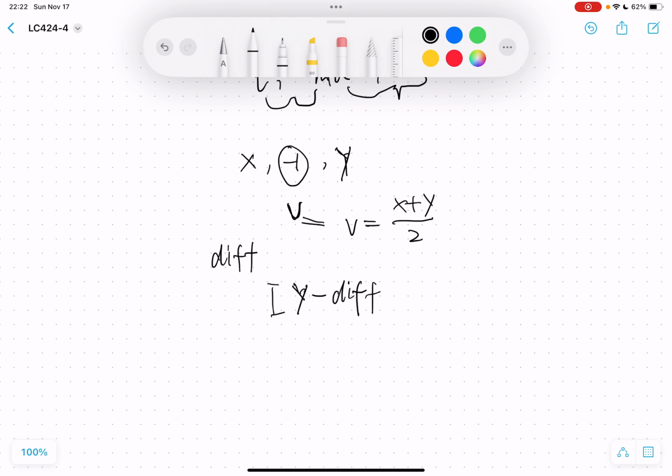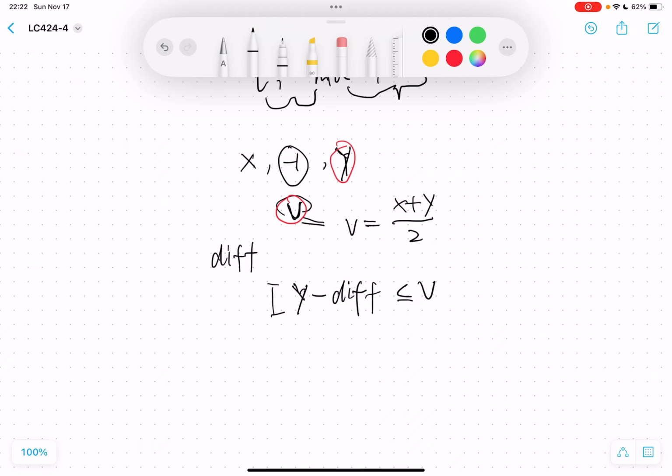This is the least value we can fill with, because if we fill a value which is less than y minus diff, the diff between v and y will be larger than diff, which cannot meet the requirements of diff.